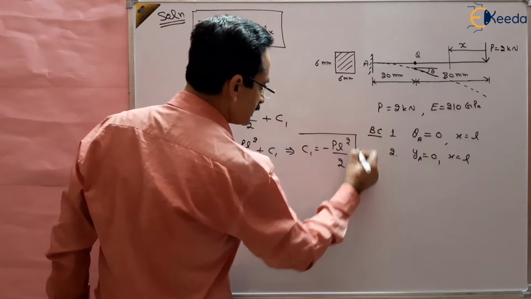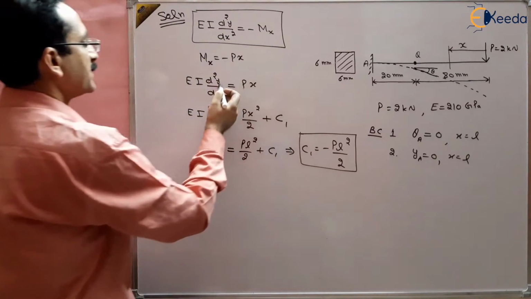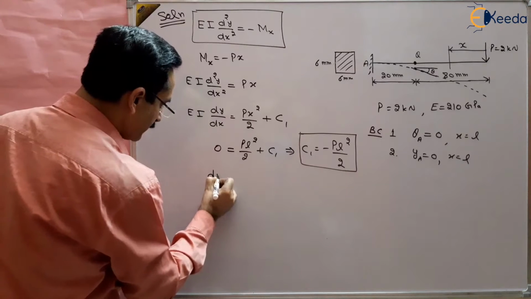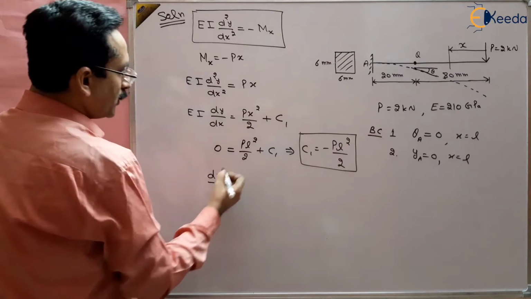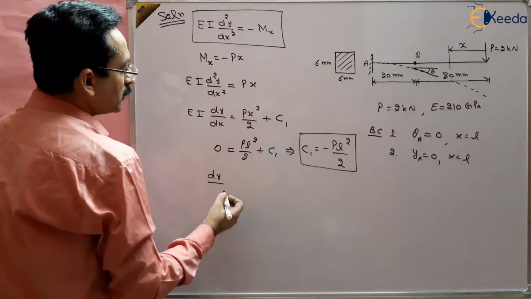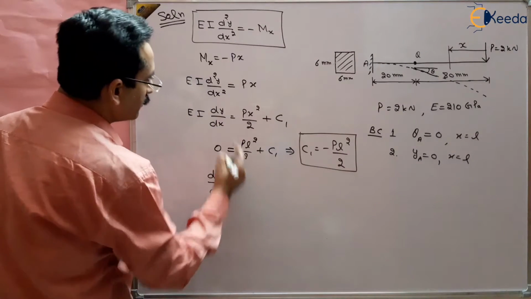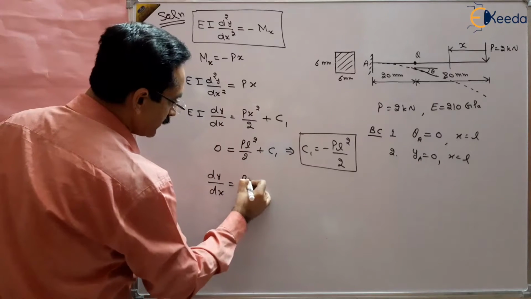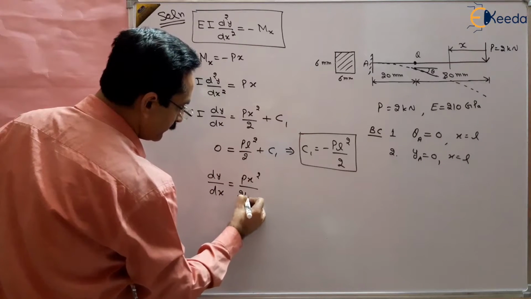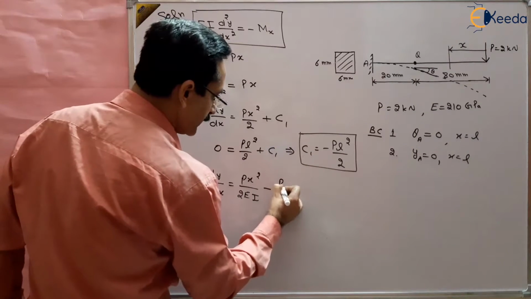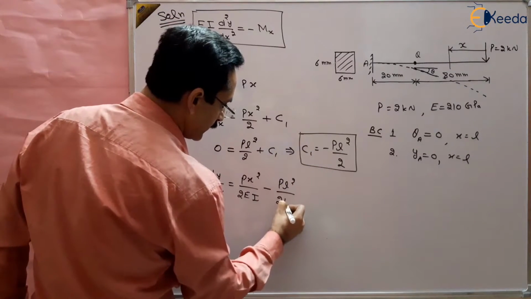Put this in the equation again and the slope will come out to be dy by dx equal to Px square by 2EI minus PL square by 2EI.